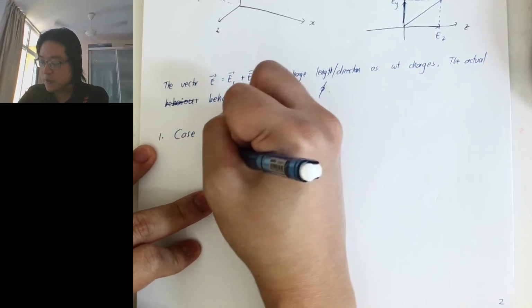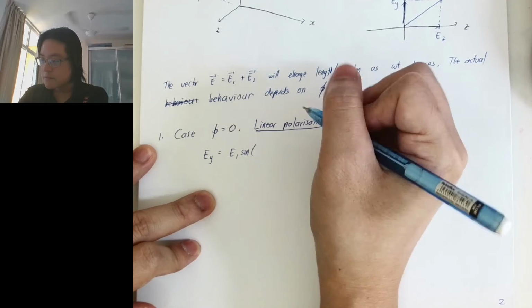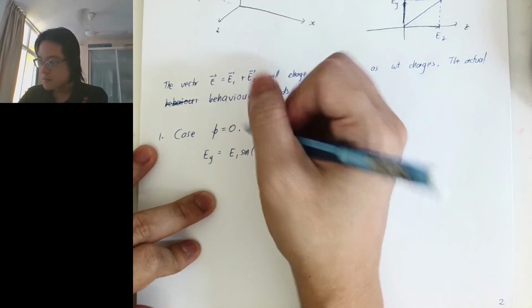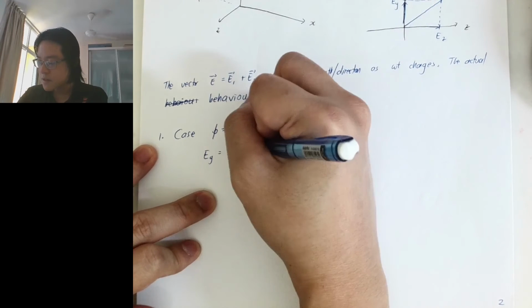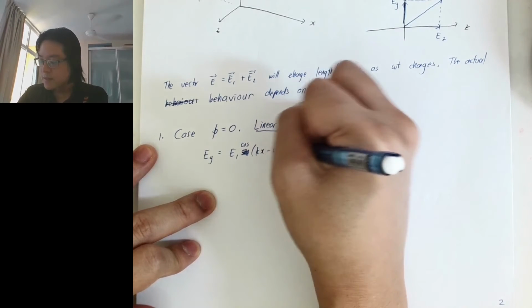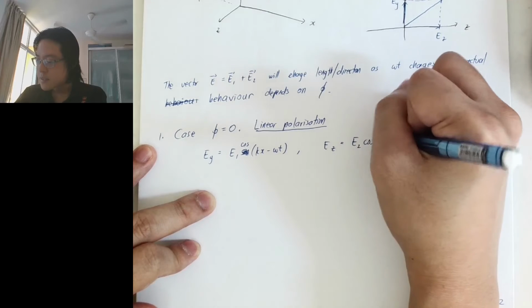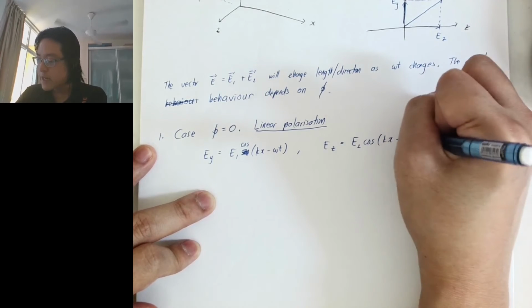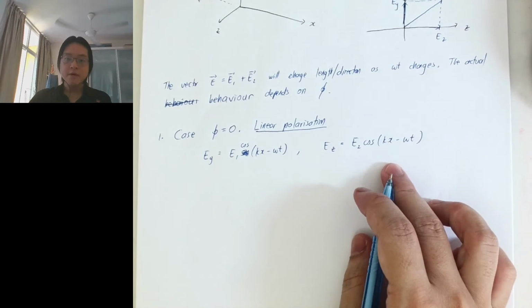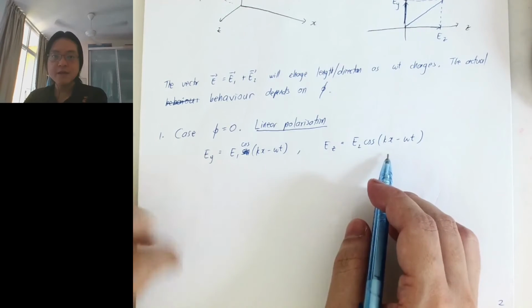My y component is E1 cos kx minus omega t, and then my Ez is E2 cos kx minus omega t. So it is the same, right? The E1 and E2 components are both having the cosine function.